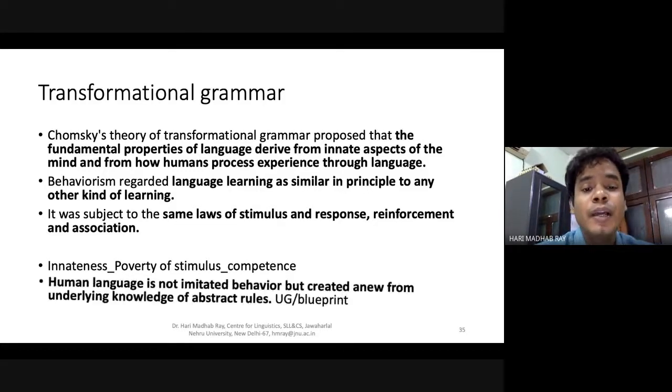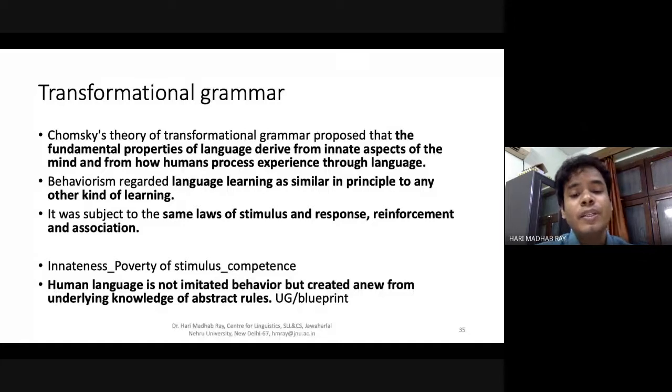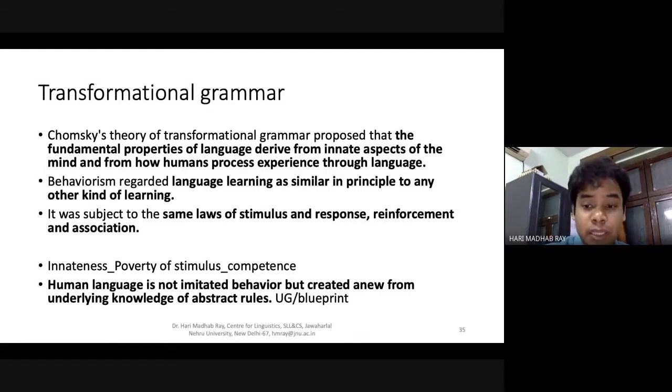Human language is not imitated behavior, but created anew from underlying knowledge of abstract rules. Those abstract rules, universal grammar, the blueprint, we have already discussed in one of the classes, so I won't talk about it.